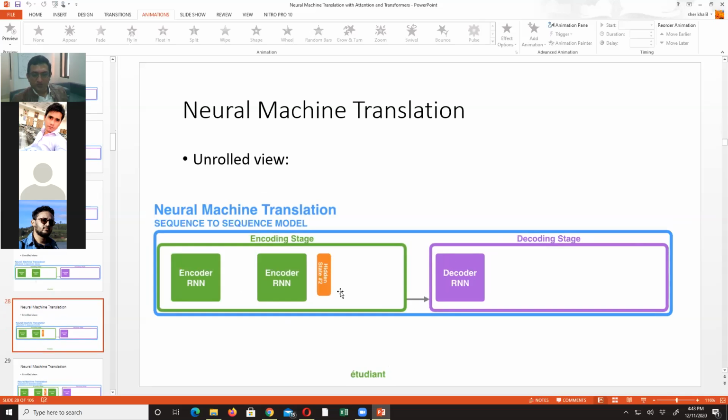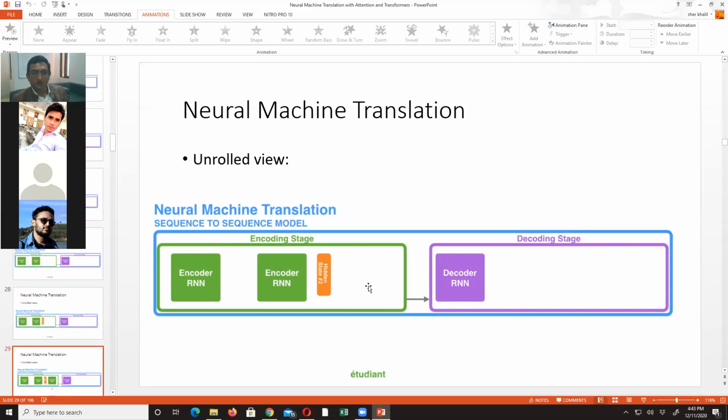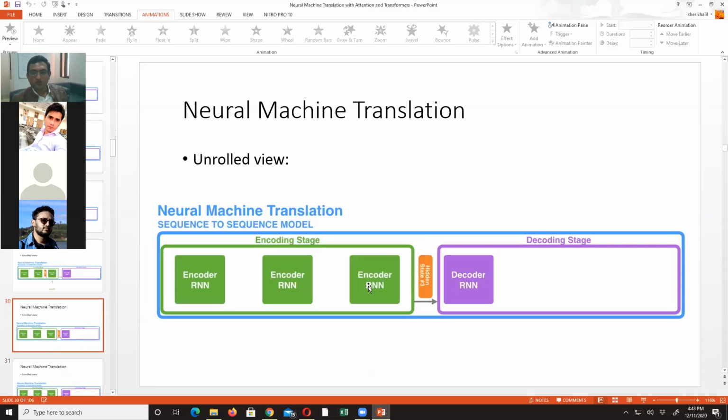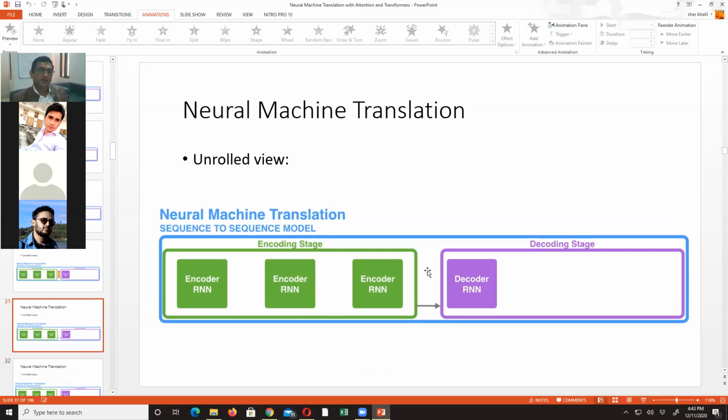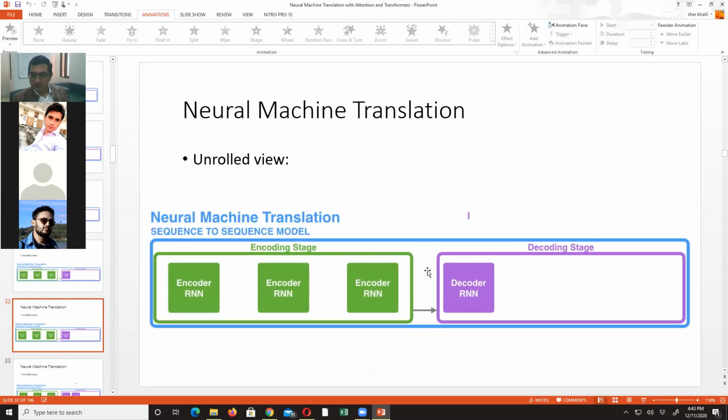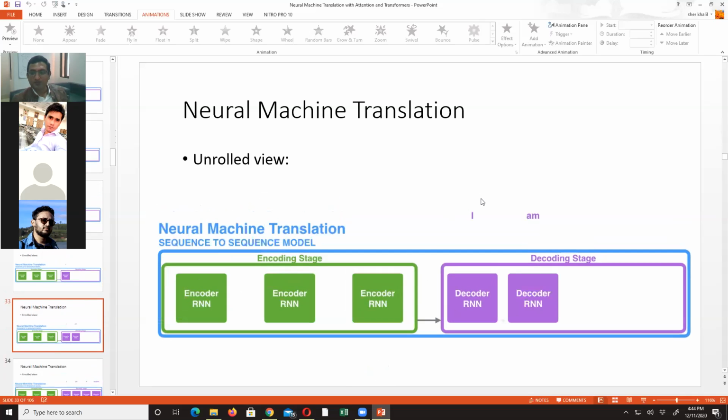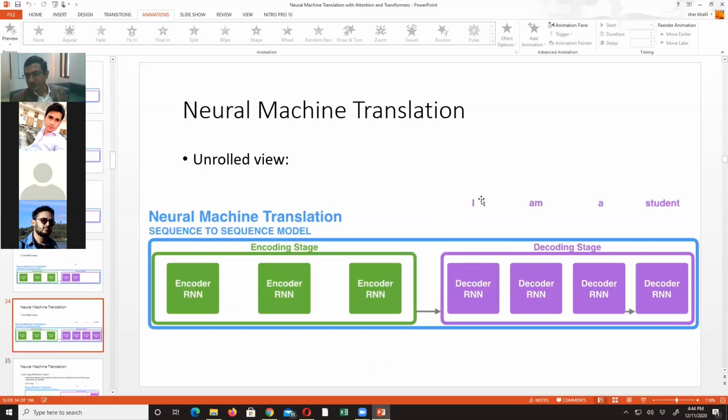Then hidden state 2 and this third word are sent to encoder 3, which gives us hidden state 3. Now this hidden state 3 is sent to the decoder, and it acts as a context vector, and then it will generate the corresponding English translation. So at time step 5, it gives you I, then am, then a student, right? So they are kind of recovering the sequence from source to destination.